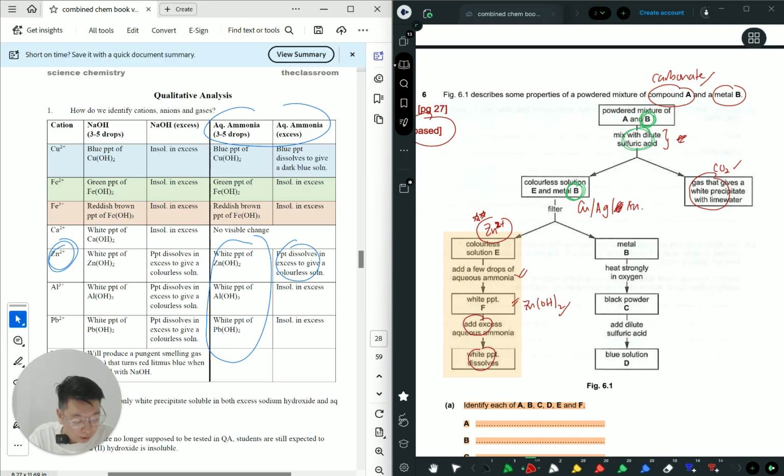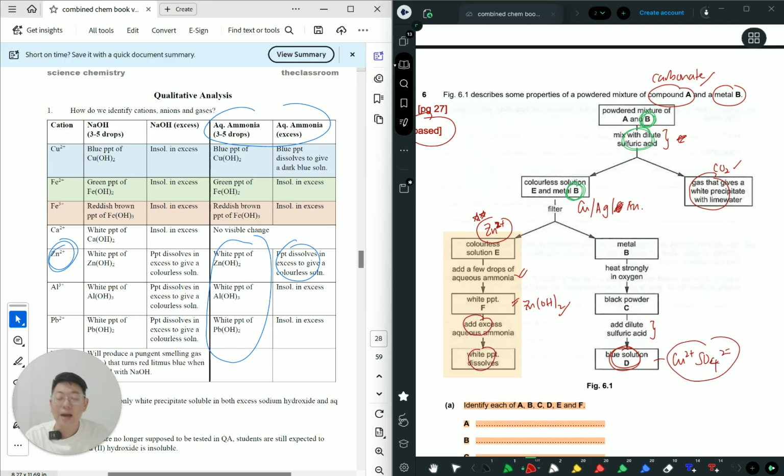So metal B, you heat strongly, black powder. Oh, blue. There's only one blue solution in your syllabus, and that is copper something. All blue solutions must contain copper ions. It could be copper chloride, copper 2 nitrate, copper 2 sulfate, we don't know. But here, you add sulfuric acid, oh, it's copper 2 sulfate.